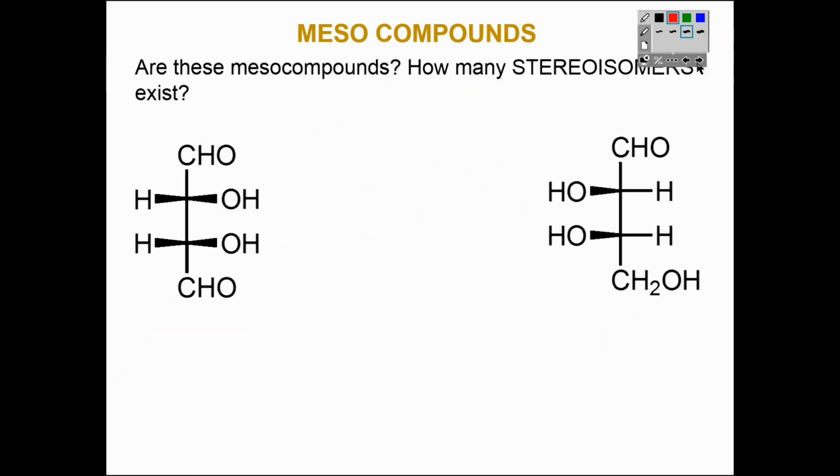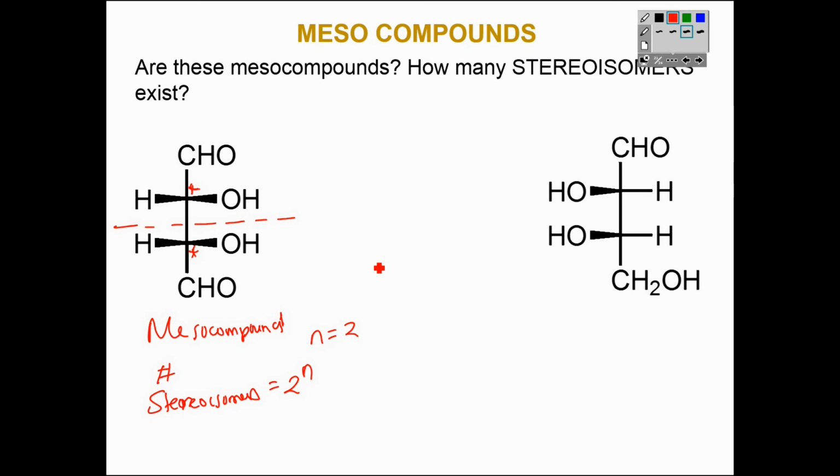For this Fischer projection, you have an internal plane of symmetry right there, but there's no internal plane of symmetry in here because the aldehyde is different from the alcohol at the bottom. So this is not a meso compound, with 2 chiral centers there and there, because you have 4 different groups around this carbon and this carbon. So number of stereoisomers is 2 to the power n, n equals 2, so the answer is 4.